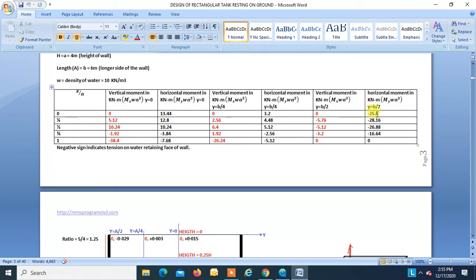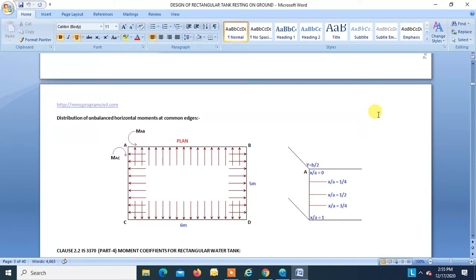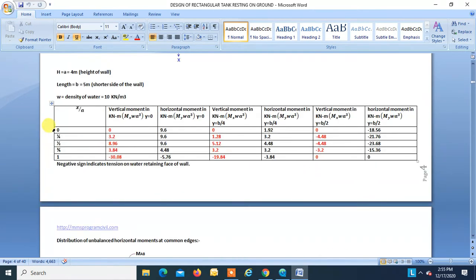The moment is 25.6, that is MAB. Similarly, there is MAC over here. Taking the short panel, let us find the horizontal moment at y equal to b by 2 for x by a equal to 0, that is 18.56.